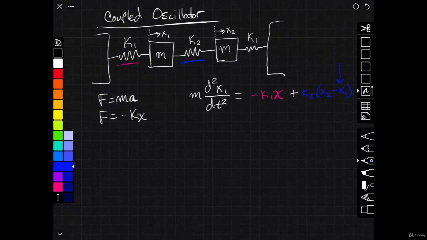So here we have minus k1 minus k2 of x1. If we multiply these together, we have effectively a negative restoring force, because as you displace this to the right by x1, we have a negative force due to this spring onto this mass in that direction.